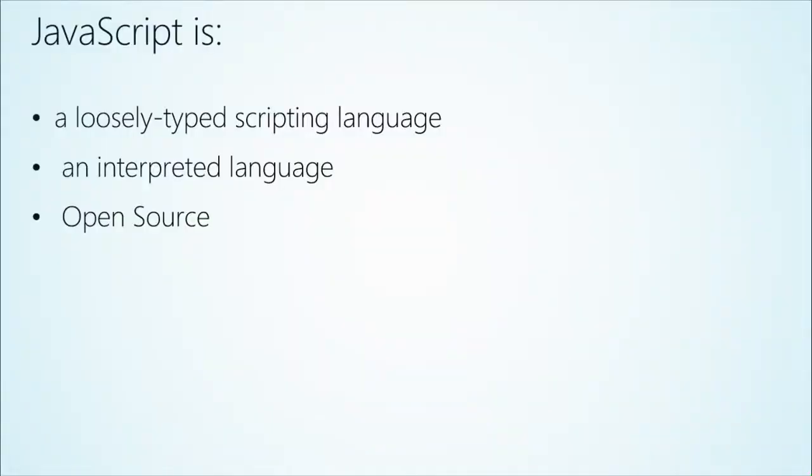First, though, we want to set the beginning of exactly what JavaScript is, and maybe even more importantly, not only what it is, but what it is not. When we talk about JavaScript, it is what we call a loosely typed, interpreted, scripted language.